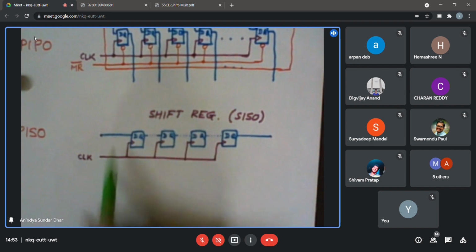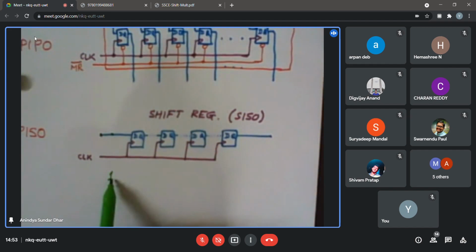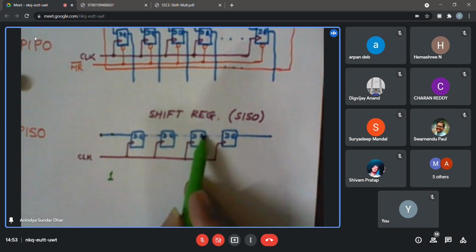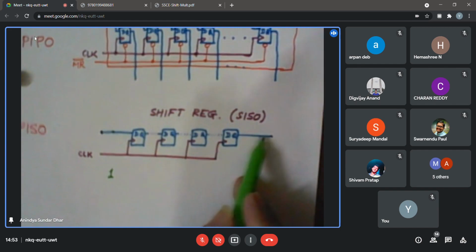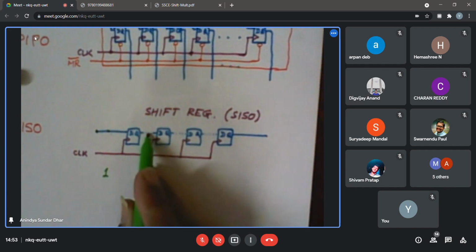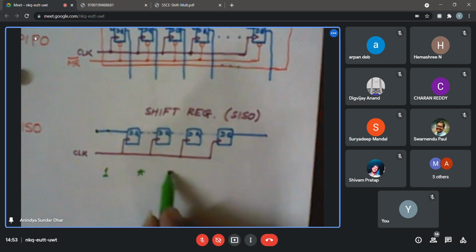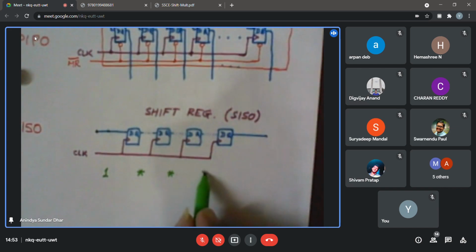Consider that this 1, when I'm writing, actually represents this value, because it is accessible to outside. Suppose I have provided a 1, but these are all internal nodes and this is the output node. So I cannot drive this one to 0 or 1. Rather, I will look into this one, whether it is 0 or 1. Right now I cannot understand what could be inside, so I'm just writing star, that maybe I can refer to them as garbage value.